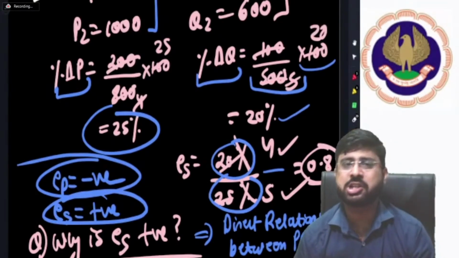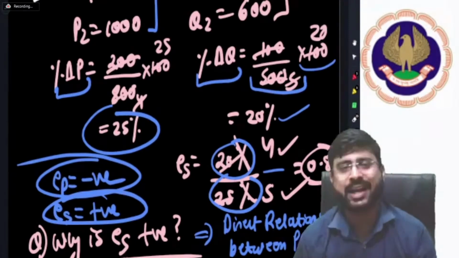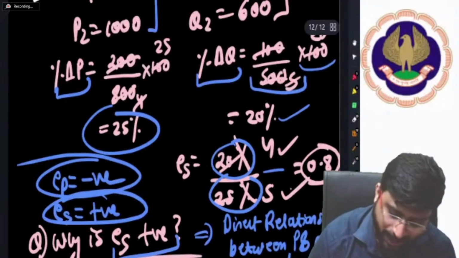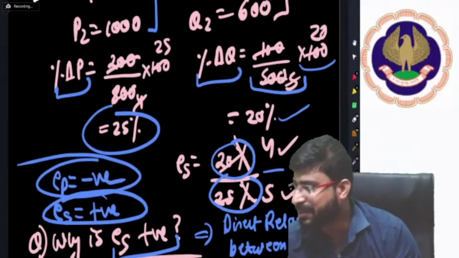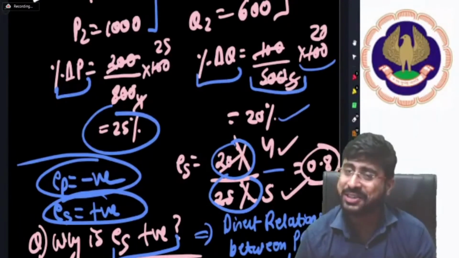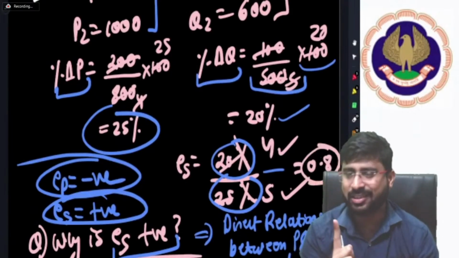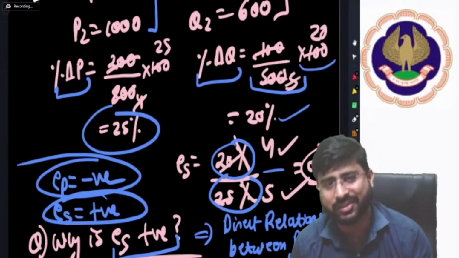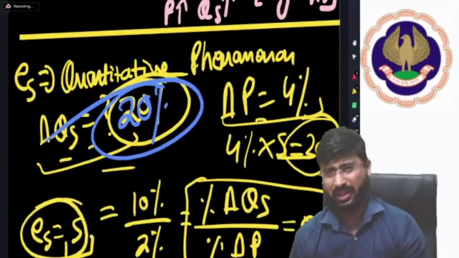Because of direct relationship between price and quantity supplied, elasticity of supply is positive. Very good. In demand, there was inverse relationship. So the value that was coming was negative, because rise in one would lead to fall in the other. Here, both are rising, both are moving in the same direction, and hence our answer. Yes or no, friends?